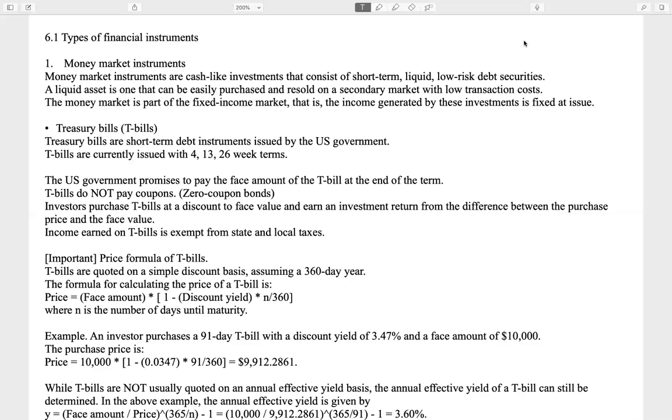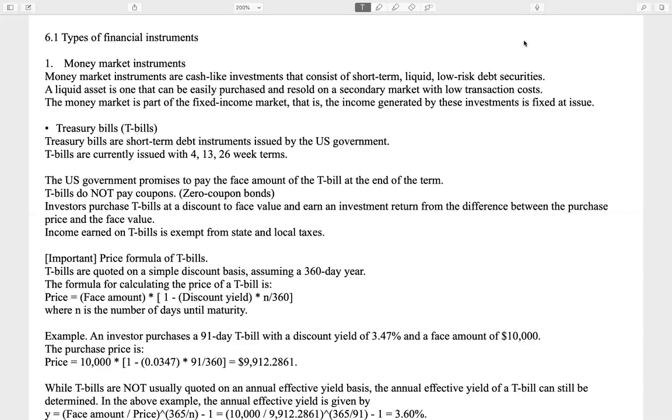We call it the money market for several reasons. You can think of them as cash-like investments, meaning it's relatively short-term. It's highly liquid. It has very low risk, and in the end, those are debt securities, right?